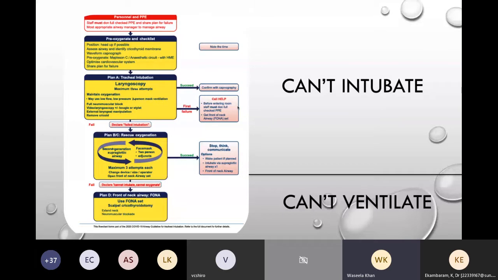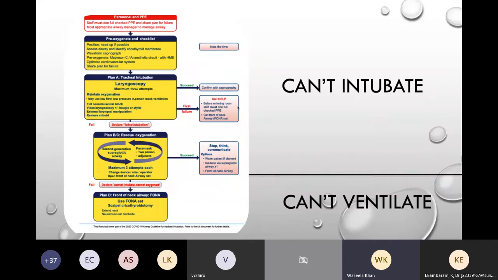But then what happens if you're unable to ventilate with the supraglottic airway? Well, then communicate once again, very important, with the team and your assistant to prepare for front of neck airway, and then proceed. Now, there are some facilities in the Western Cape who have actually moved away from choosing to do a front of neck airway. There could be various reasons for that, one of which is a lack of skilled staff, especially after hours.